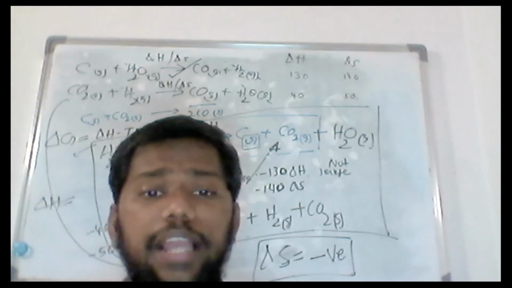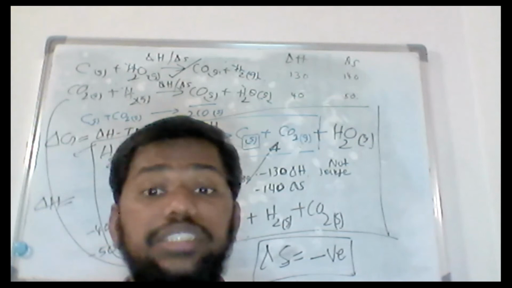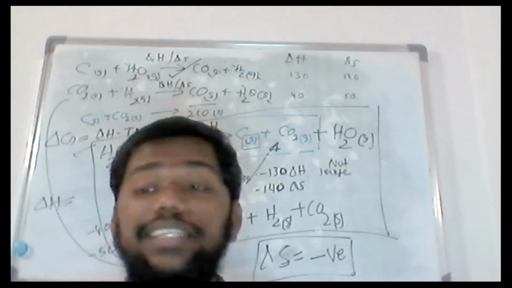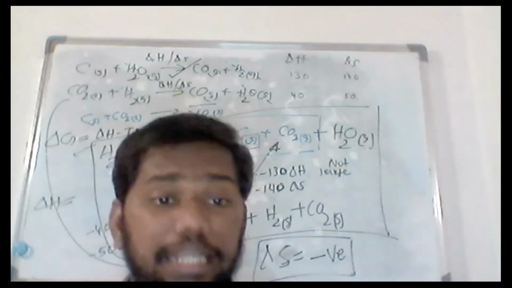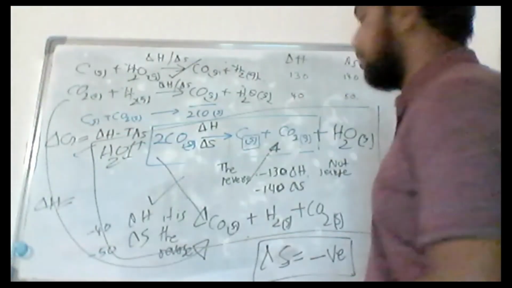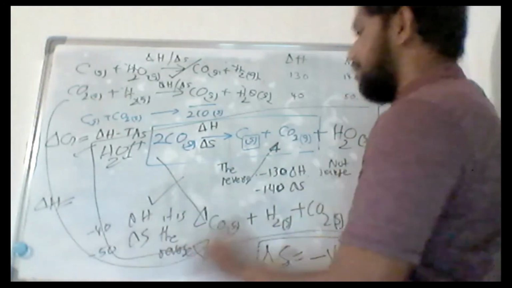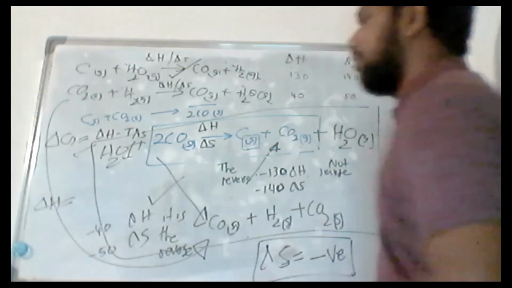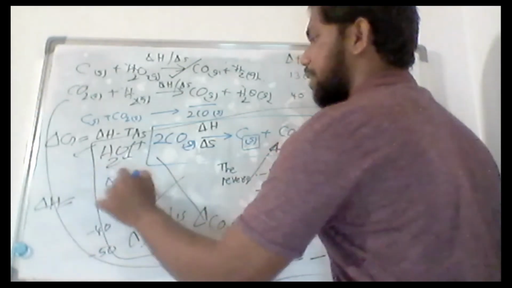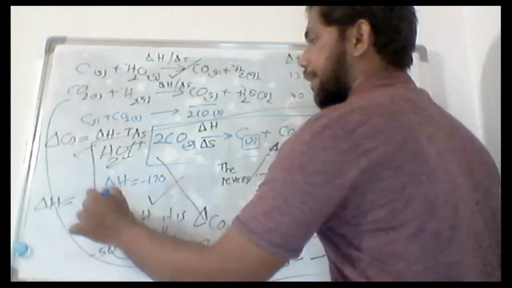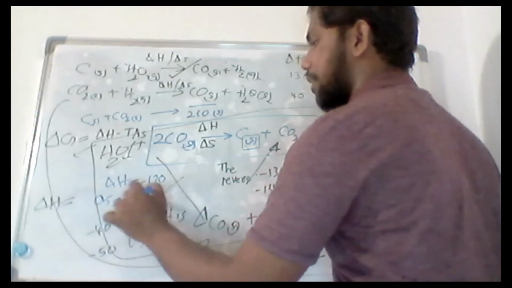So when you do the calculation, you will see the delta G value is minus 113. So we know the delta H value and delta S value. That is minus 170 here and minus 190. So delta H is minus 170 and delta S is minus 190.